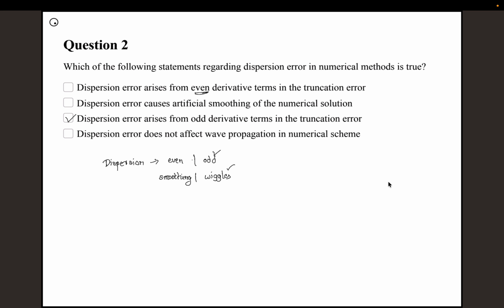But you can also see the other one. The even derivative is the dissipation error, and dissipation error causes smoothing so that you do not have sharp gradients in your solution. Dissipation does not affect wave propagation, but dispersion affects the wave propagation.